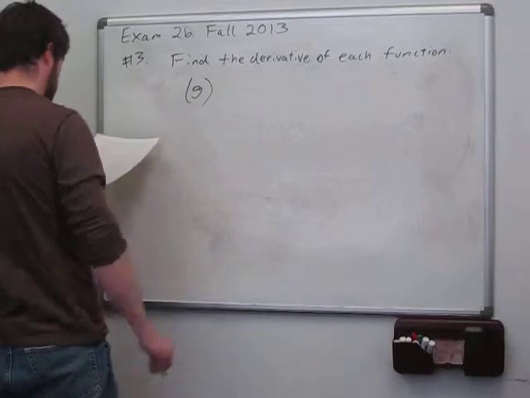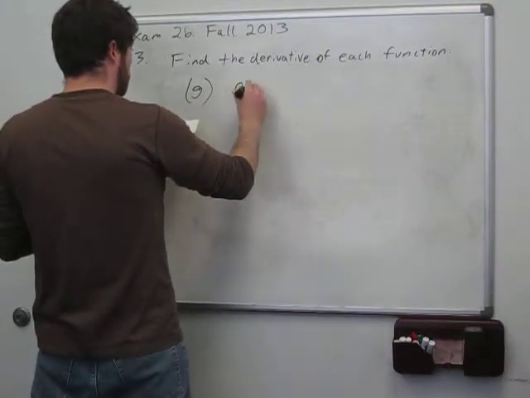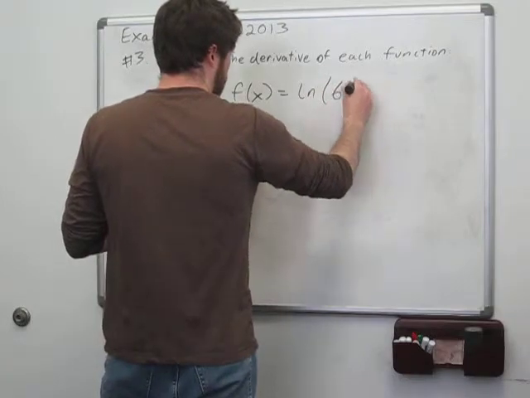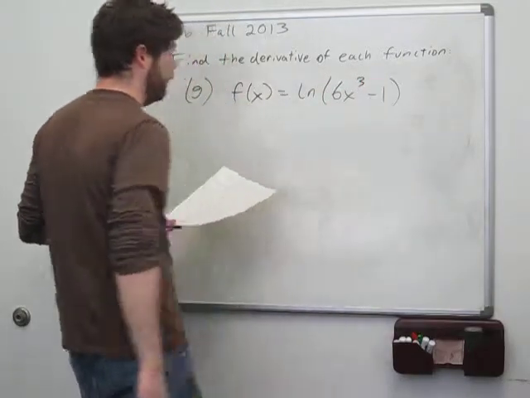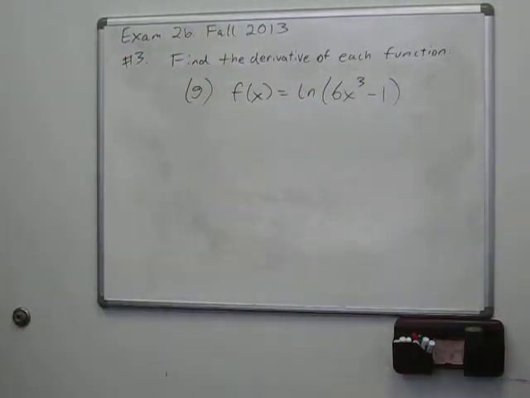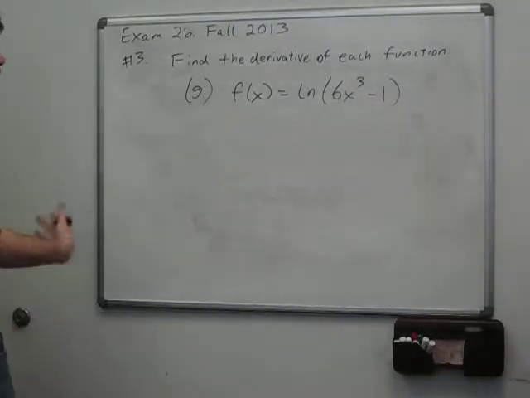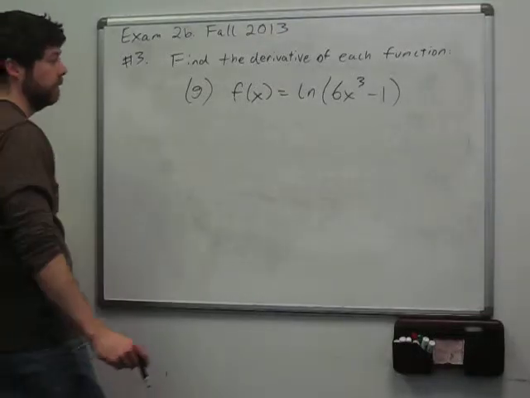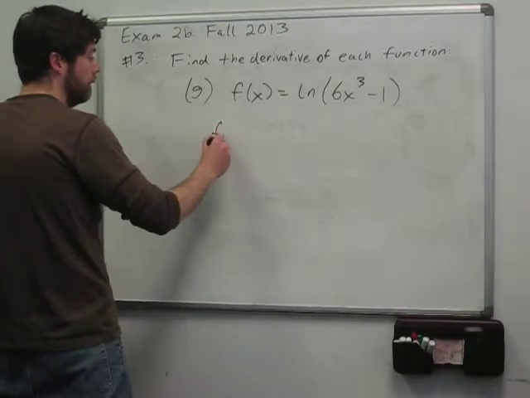Next up, I want to look at part G. Where f of x is the natural log of 6x cubed minus 1. And for this one, we just need to recall the rule for the derivative of the natural log.